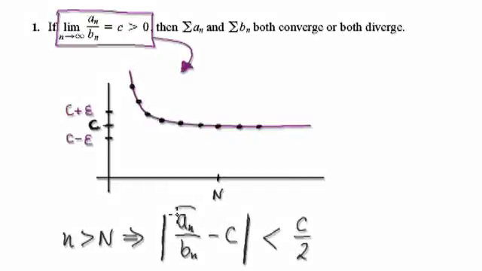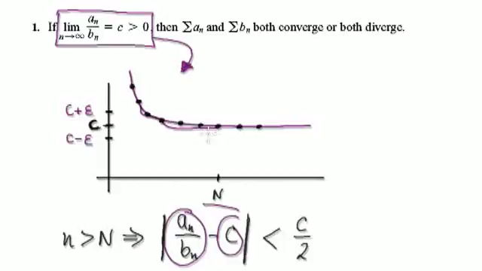So this thing here must be less than this thing here. Here normally we would say this. It must be less than... So this is saying if you take the sequence, take away the limit.